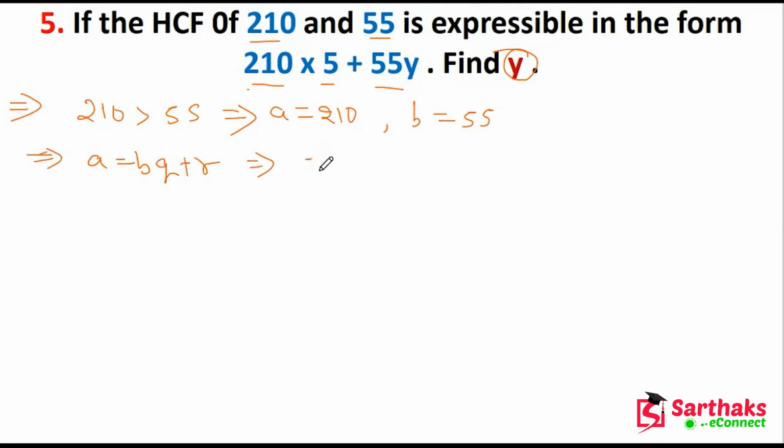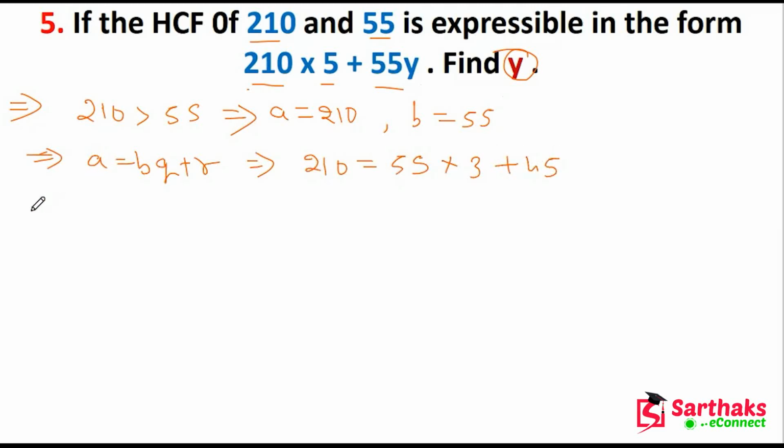Now 210 is equal to 55 into... if we divide 210 by 55, we get q is 3 plus we get remainder 45.